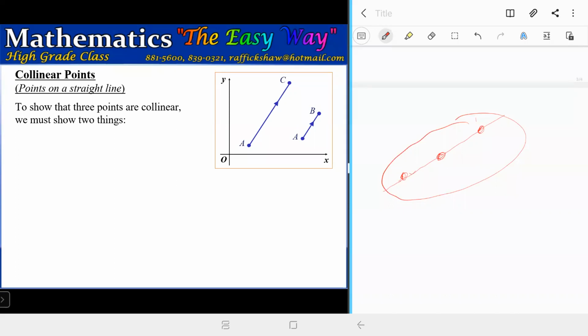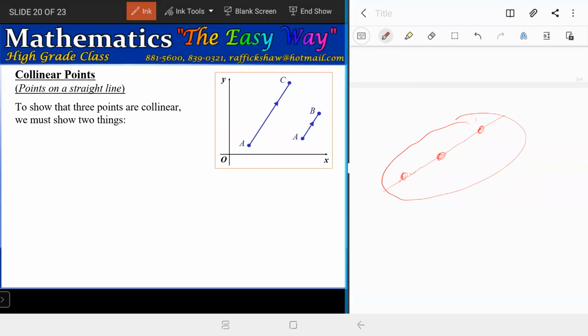To show that 3 points are collinear, look over here now. To show that 3 points are collinear, we need to show 2 things. 2 things you have to show the examiner. So the question says to you, show that 3 points are collinear. Another way they might say it is to state one geometric relationship between the 3 points.